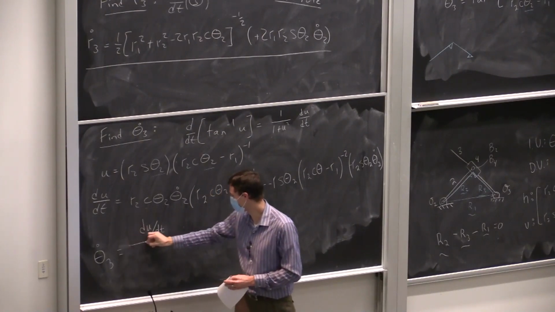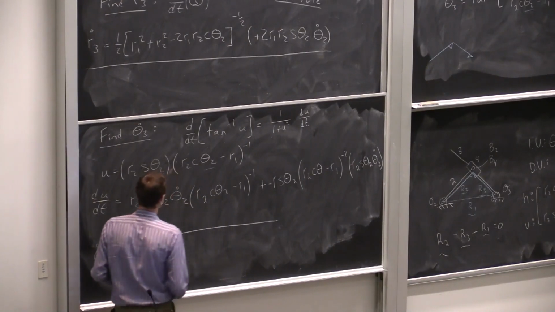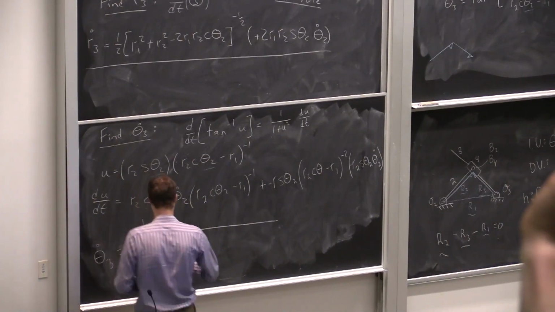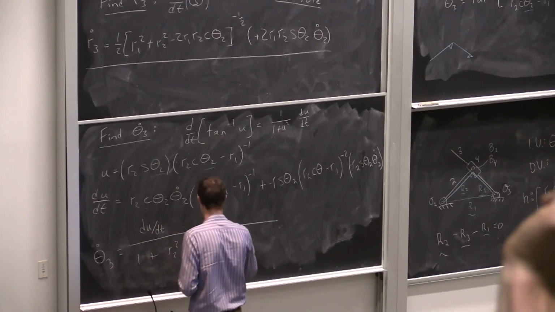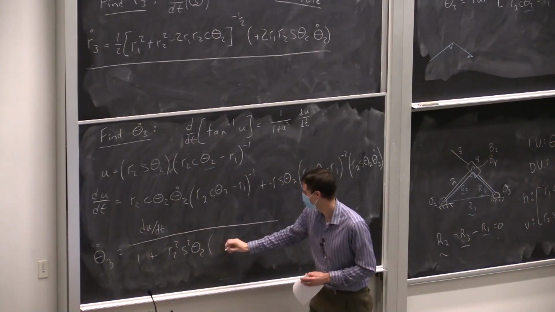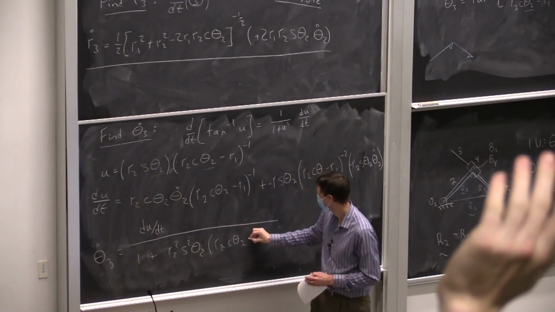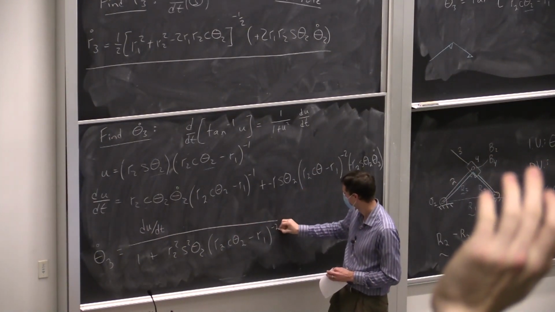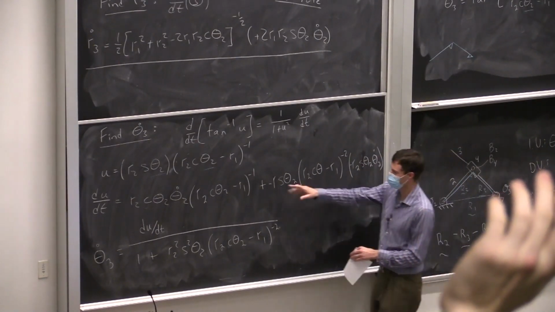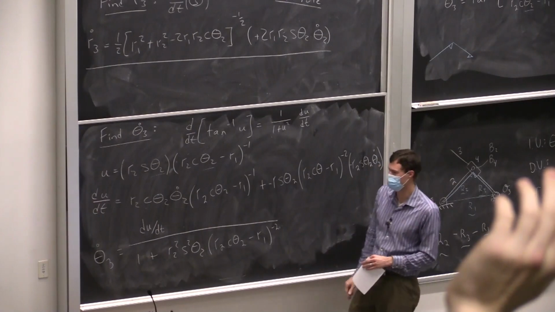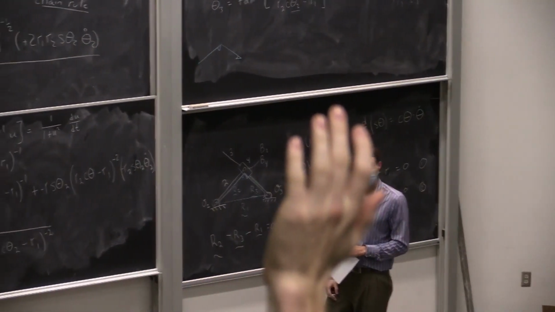I'm not going to write out the whole thing. Okay, I think that captures it, and you put du dt, write it out again on the numerator there. Okay, so this isn't too bad.